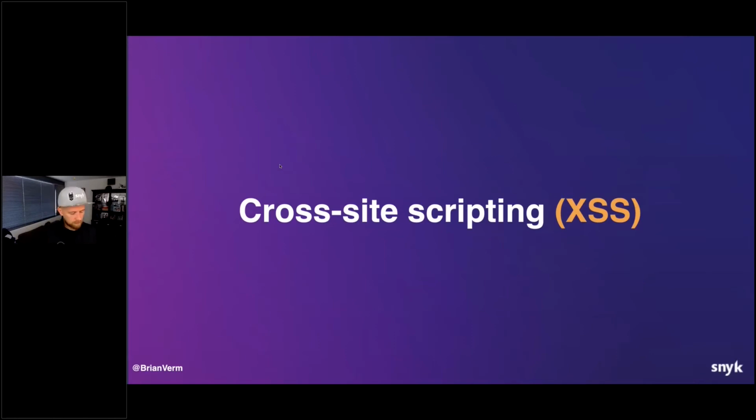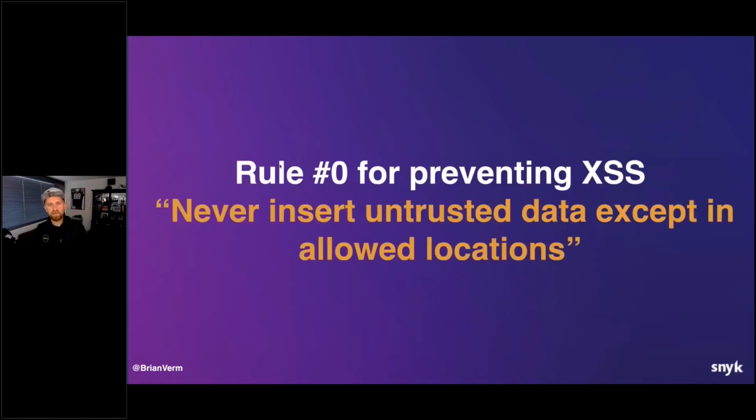Rule 0 for preventing cross-site scripting: never insert untrusted data except in allowed locations. So we have to be sure that if it's untrusted, and that means basically every user that uses your system should be considered untrusted, because you don't know who he or she is, or if he or she is actually who they say they are. Got me? Even authentication is not a guarantee.